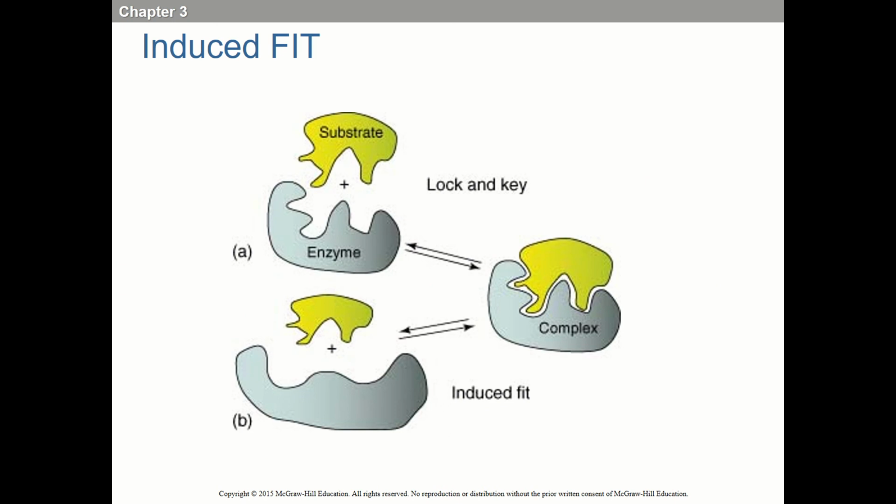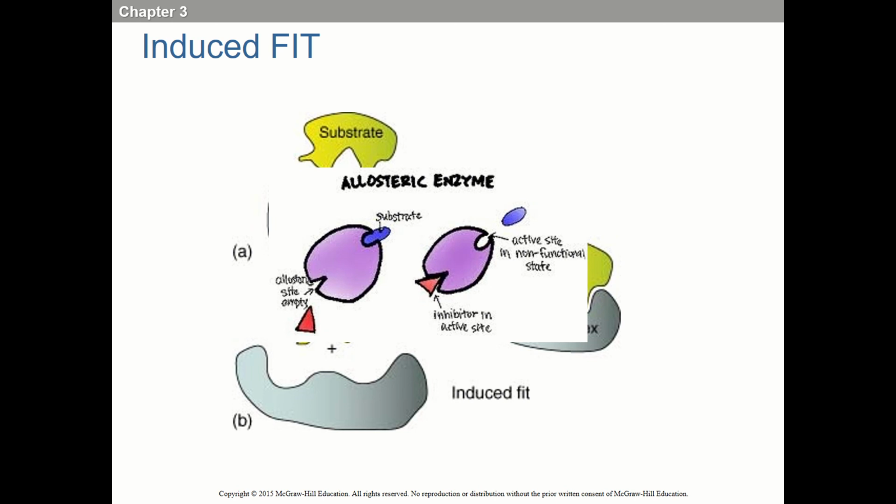Something else is the induced fit model, meaning that the enzyme has a particular shape that can fit numerous different things, and through some type of modulation, the substrate will be stuffed into there, and there's a conformational or some type of shape change to both the substrate and the enzyme. Now this makes a little bit more sense to me, particularly for something that you don't have. So I would write this down. Allosteric enzymes.